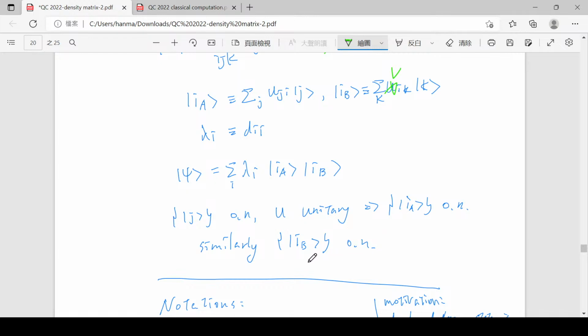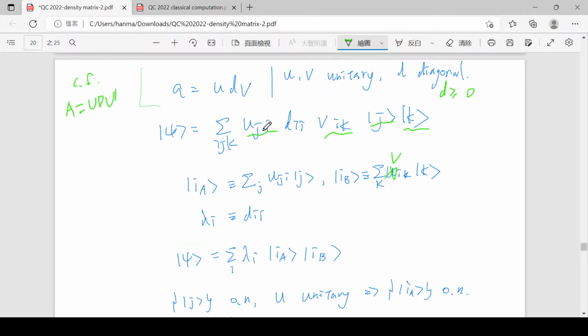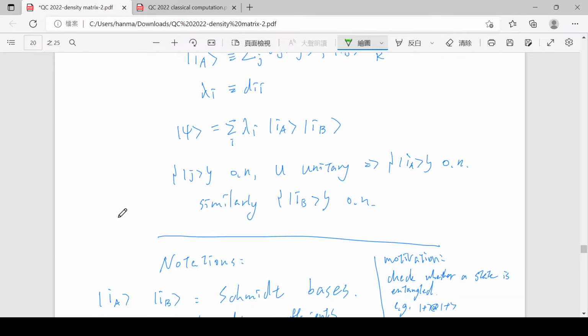Yeah. And so that completes the proof. I and IB are orthonormal bases because U and V are unitary matrices, and this definition is just a rotation.